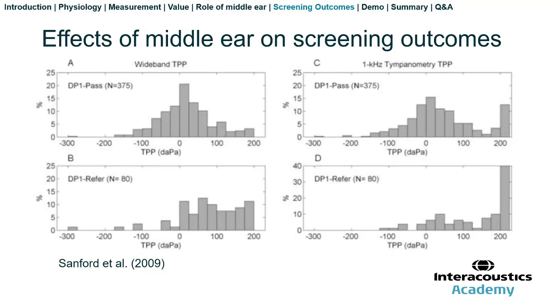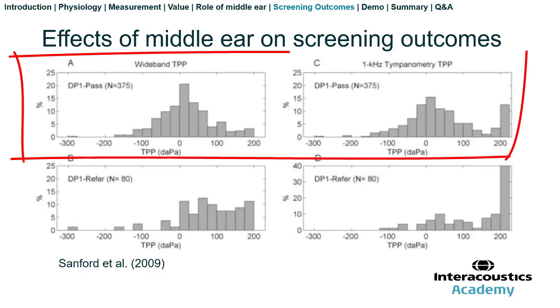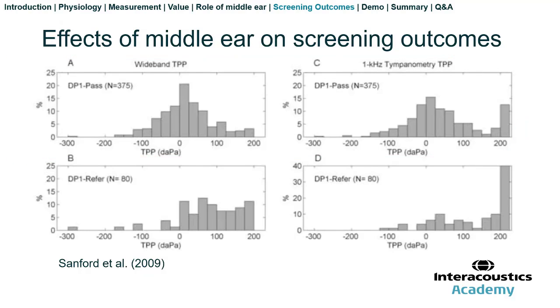This is showing that the pass group, which is the top row, had peaks from 0 to 25 decapascals for both of these methods. The mean for the pass group for the wideband tympanometry method was 21 decapascals, and 95 for the refer group.